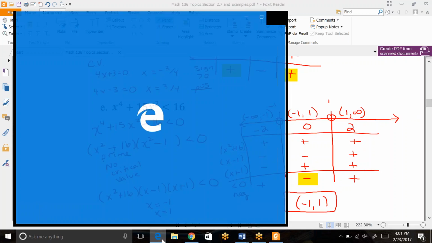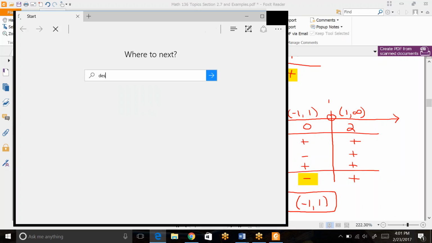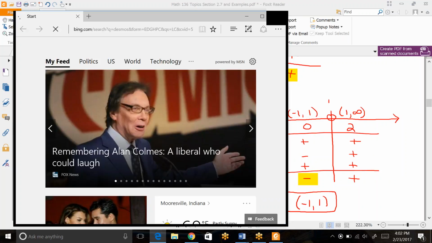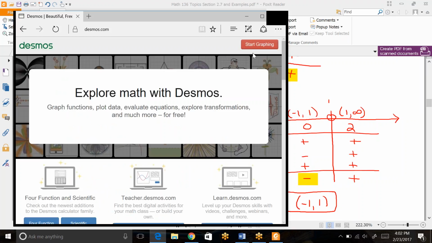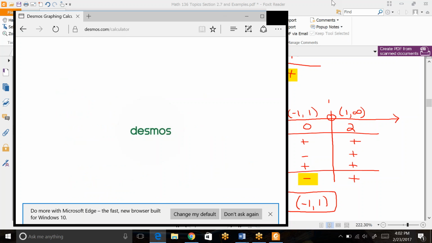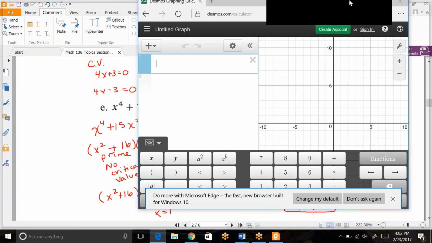So let's go to Desmos. So I want to start graphing. And remember, I'm going to enter it in after I've already solved it for 0.